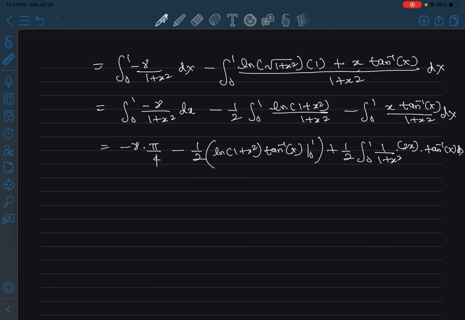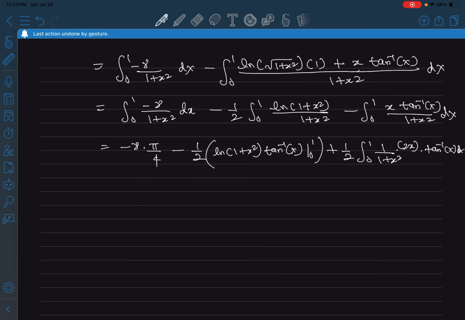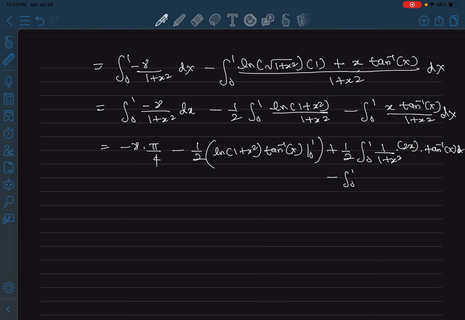Now the last term is just minus integral from 0 to 1 x tan inverse x by 1 plus x square dx. Now this just becomes minus gamma pi over 4, and this thing over here is minus half times ln 2 with pi over 4, and at 0 it's just 0.